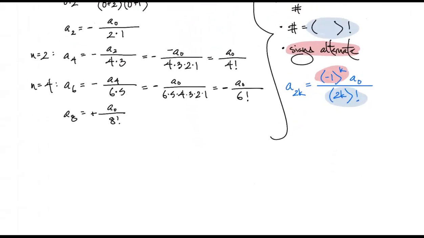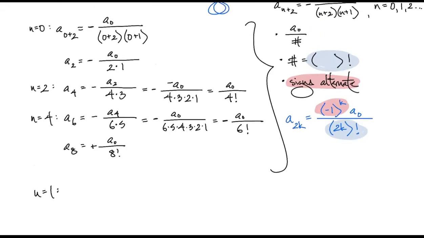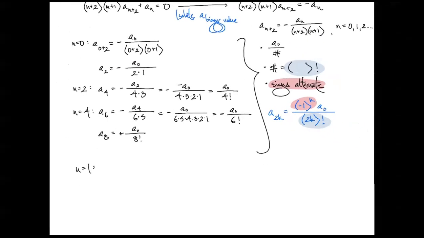So n equals 1. If we put this into our equation from above, we will get a sub 3 equals negative a sub 1 over, let's see, 3 times 2.